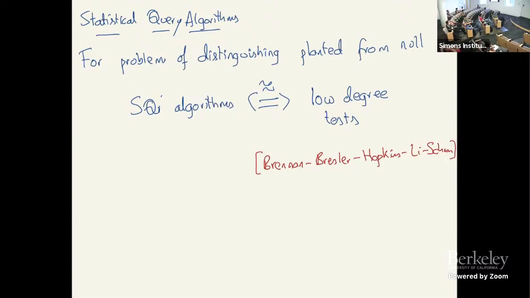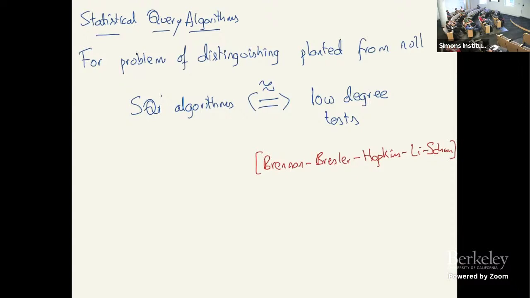What's the tolerance required for this? Sorry? What's the tolerance at which this equivalence holds? I think what they need is... I should maybe not say anything if I'm not very sure. If I have an SQ algorithm which works at tolerance 1 over log n, what does that imply? The SQ algorithm tolerance being like 1 over square root m corresponds roughly to the concentration you get for m samples.